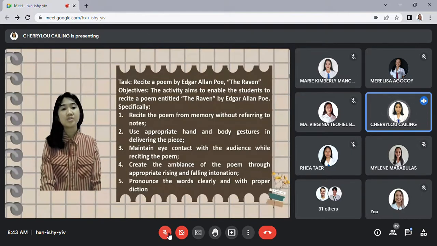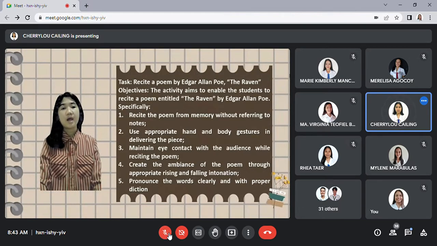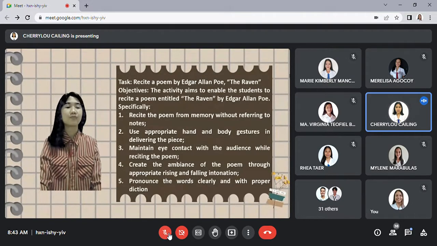Second, use appropriate hand and body gestures in delivering the piece. Third, maintain eye contact with the audience while reciting the poem. And fourth, create the ambience of the poem through appropriate rising and falling intonation. And lastly, pronounce the words clearly and with proper diction.